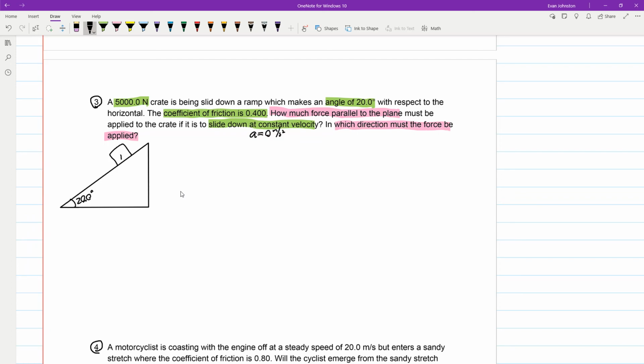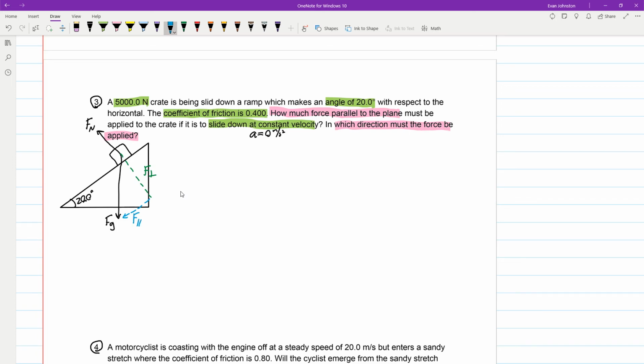Going straight down, that's our force of gravity. Coming straight up off the surface, we have our normal force. Then, keeping in line with what we've been doing, here is my force perpendicular, and here is my force parallel.